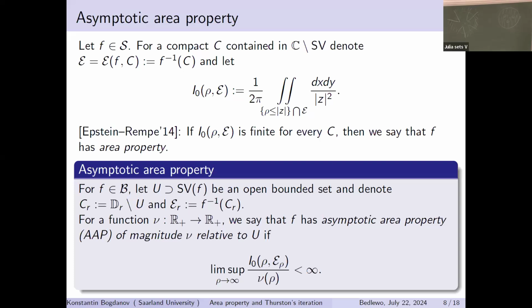But this is the meaningful definition mostly when nu of rho tends to 0 as rho tends to infinity. So let us take a look at the example of the exponential. It's the simplest we can do. Let me remove this once again.